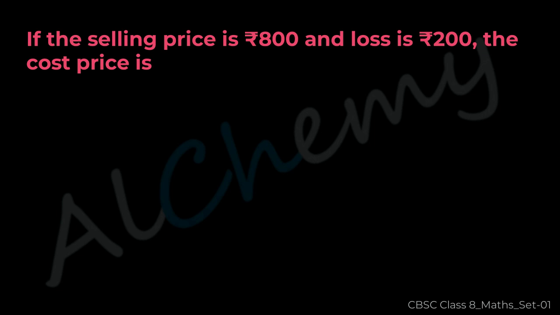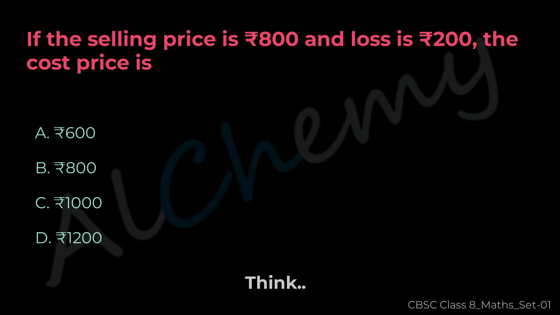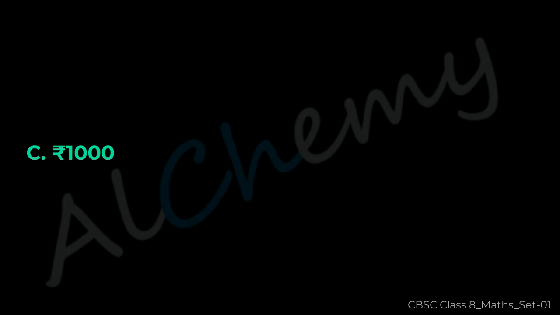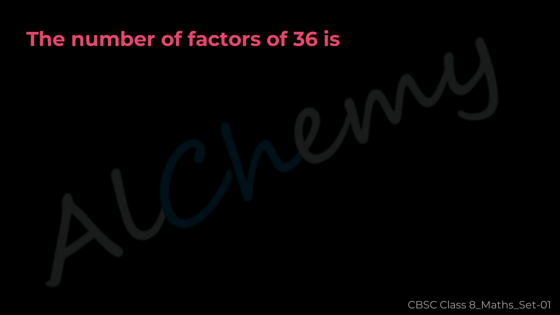Question 45. If the selling price is 800 rupees and loss is 200 rupees, the cost price is A 600 rupees, B 800 rupees, C 1000 rupees, D 1200 rupees. The correct answer is C, 1000 rupees. Question 46. The number of factors of 36 is A 6, B 8, C 9, D 12.